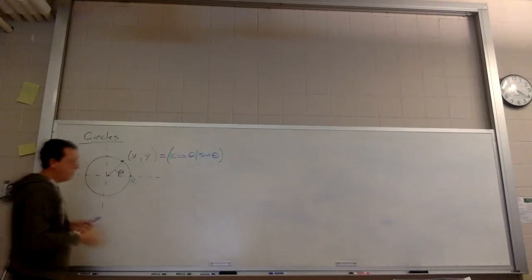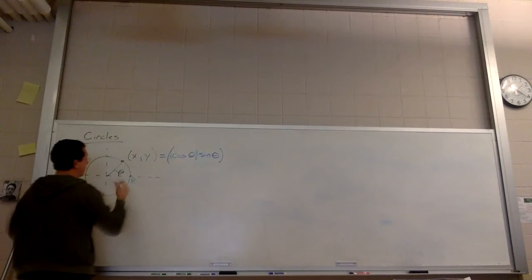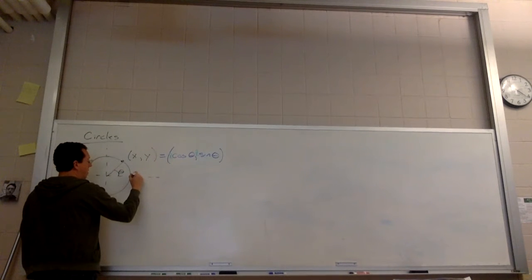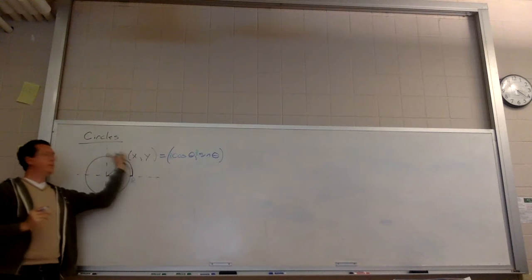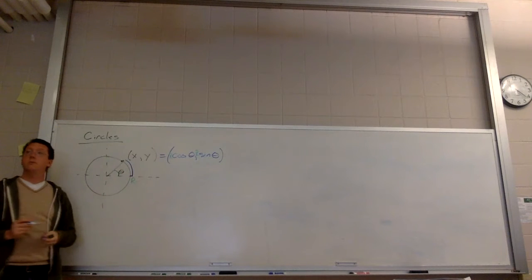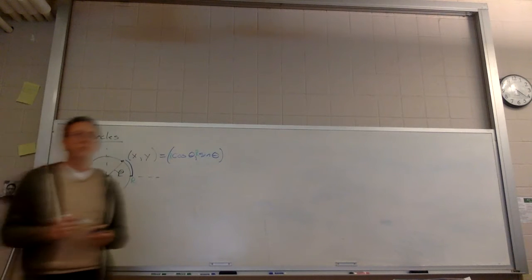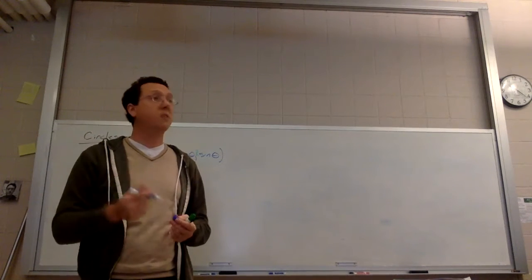The other way we can think about this is in terms of arc length. Starting here, you could also think about your position on a circle in terms of arc length. What symbol do mathematicians use for arc length? S is very common.